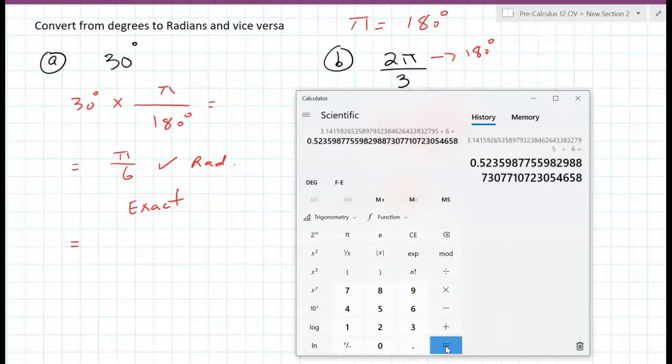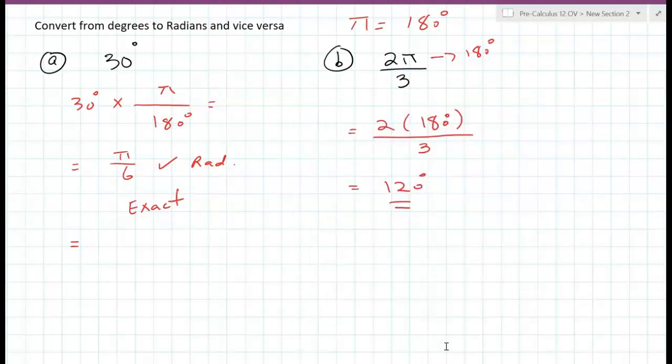You're looking at 0.523598, and that's basically an approximation again. That is the measure of 30 degrees in terms of radians.